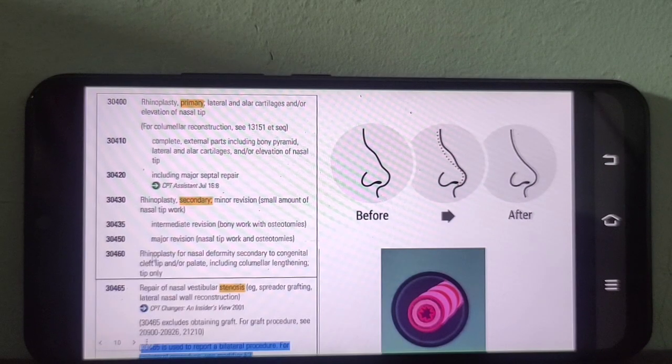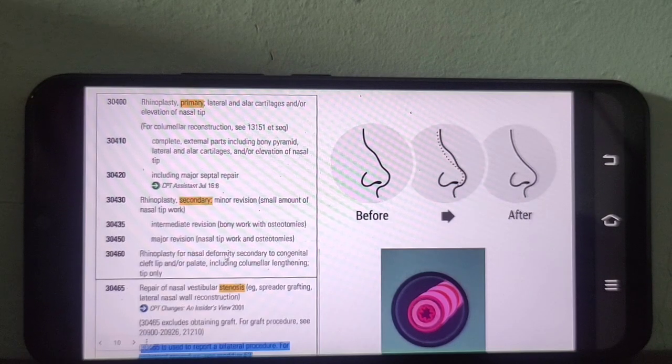Then 30460 for rhinoplasty, deformity. This is a secondary surgery to cleft lip or cleft palate. Please mute yourself. So the doctor first makes a correction to correct the cleft lip or cleft palate. After that, he completes the procedure to correct the nasal.